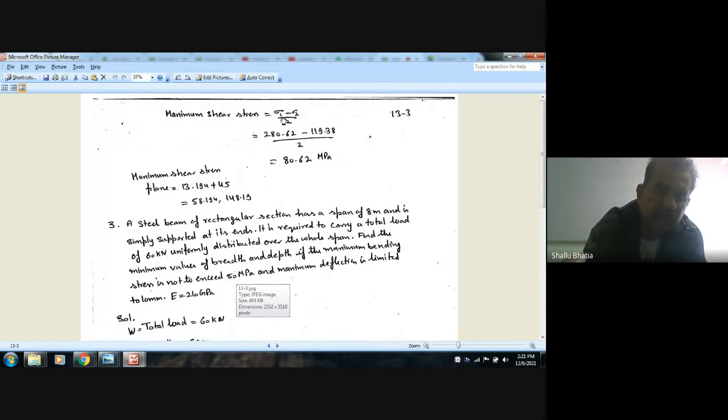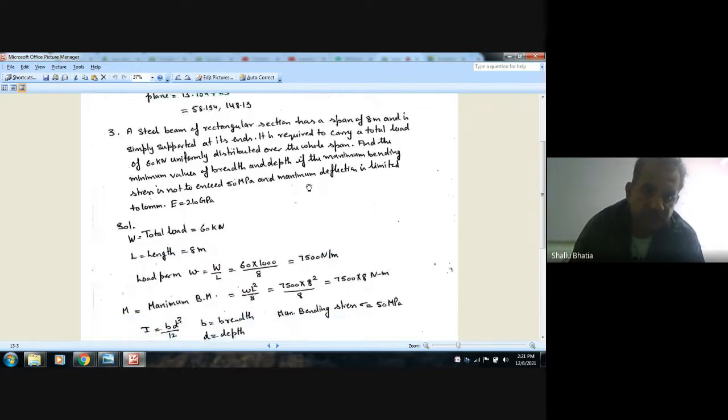We have found out sigma 1 and sigma 2, so sigma 1 minus sigma 2 by 2 is the maximum shear stress. So the maximum shear stress planes are at principal planes plus 45 degrees. So both the planes become 45 degrees apart, the maximum principal stress and the maximum shear stress planes.